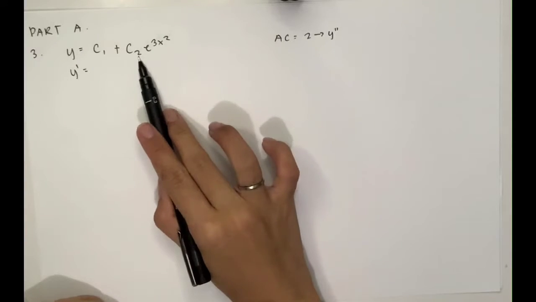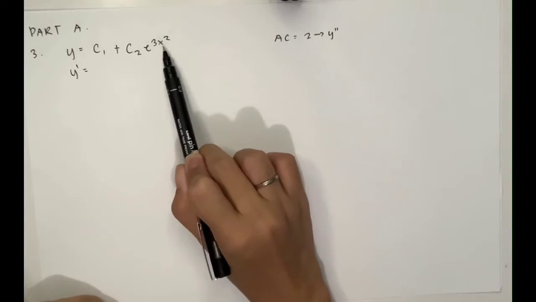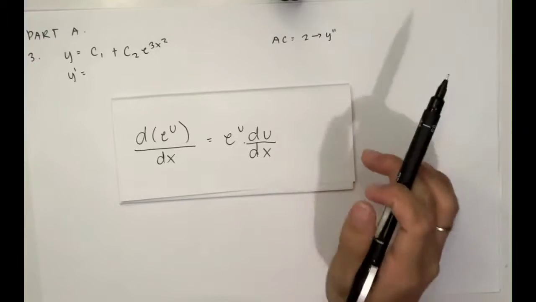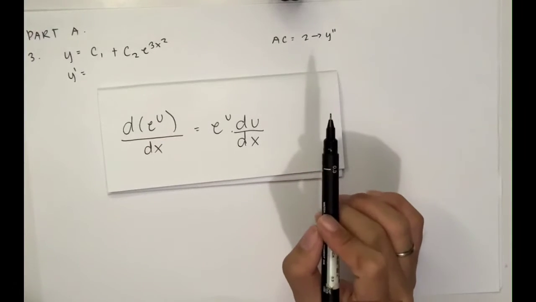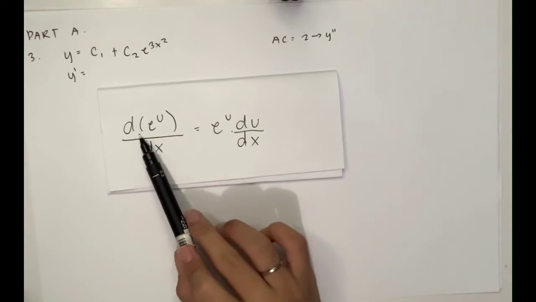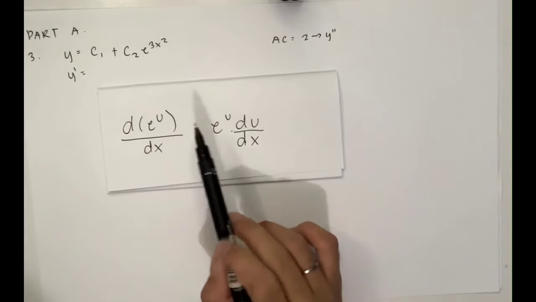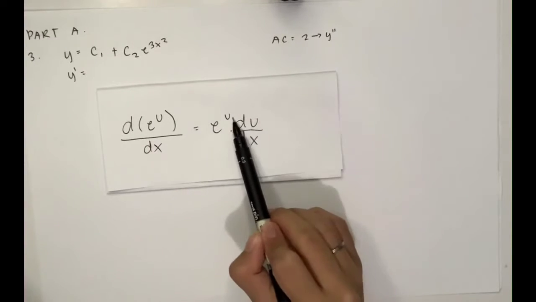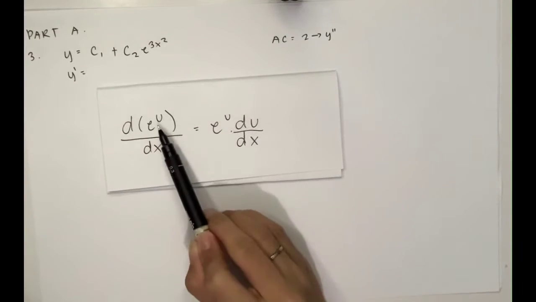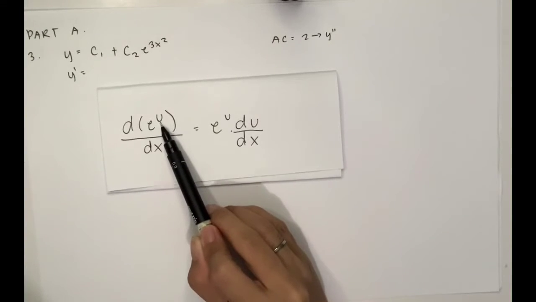So here, we have c sub 2, e raised to 3x squared. Looking back, the formula for the derivative of exponential function, derivative of e raised to u, is only equal to e raised to u times the derivative of u, the derivative of the exponent of e.